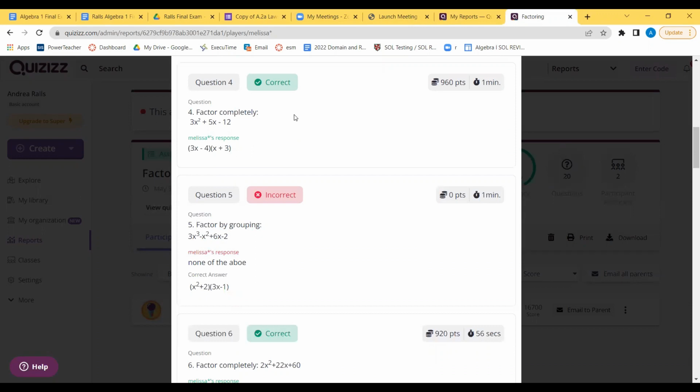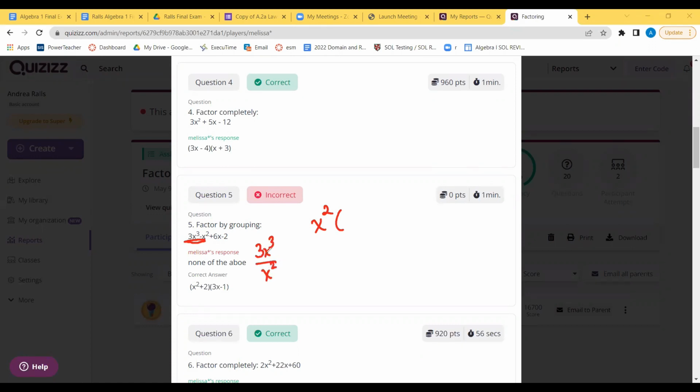But let's talk about what that means, because I'm not sure if your teacher talked to you about grouping. You look at the first set, and your first set has a GCF. Think about the GCF, or the greatest common factor. They both have an x squared that you could take out, and so what you would do is factor that out, which is like dividing it out.